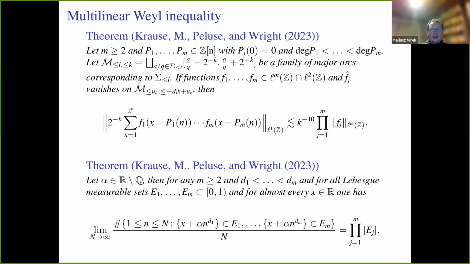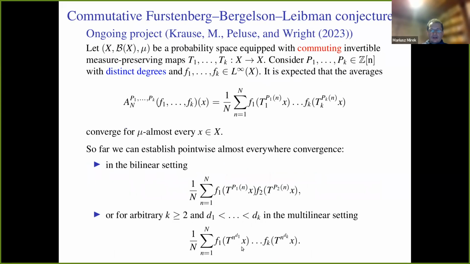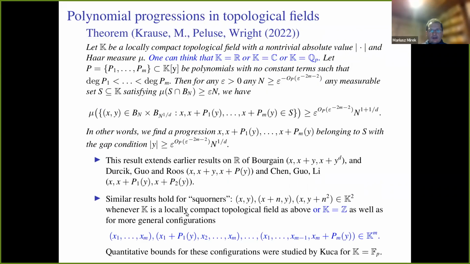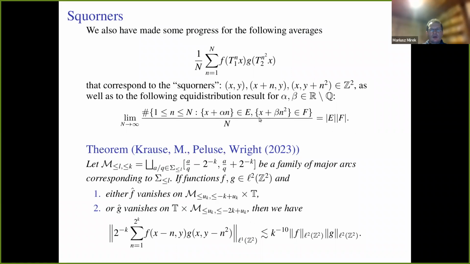And as a consequence of this pointwise convergence, we can also deduce the following almost everywhere equidistribution theorem for these polynomials with distinct degrees as long as alpha is an irrational number. We also made some progress on this problem in the parabolic situation when we have two commuting transformations.